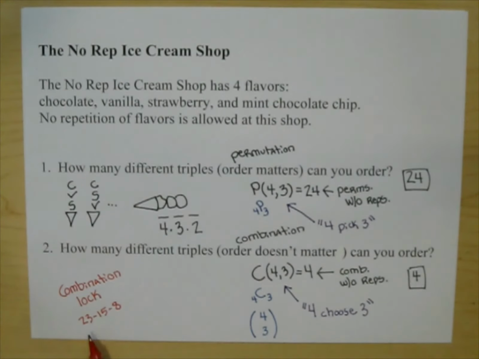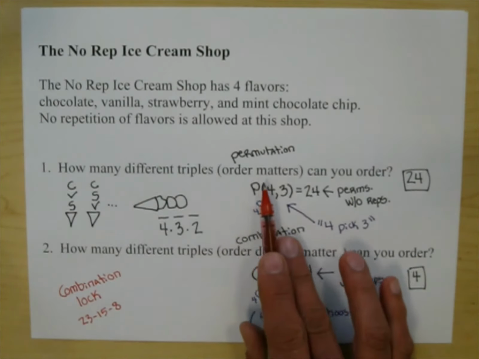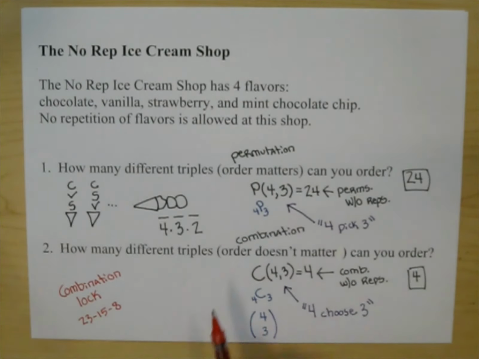And you know that you have to do 23 first, then 15, then 8. And if you decided to do the 8 first and then 23 and the 15, it wouldn't work. So with a combination lock, guess what? Order matters.